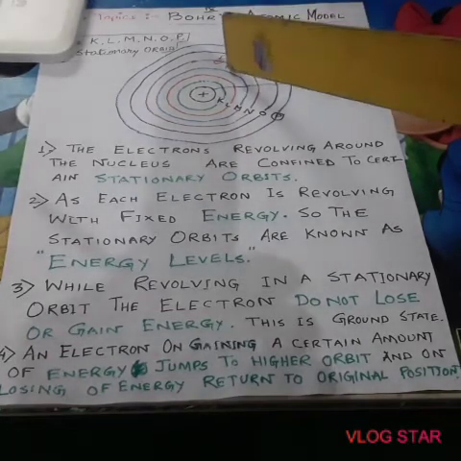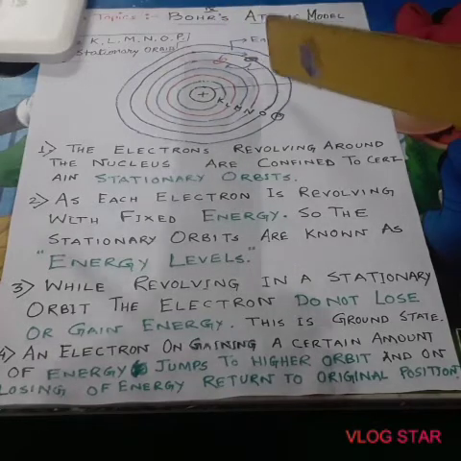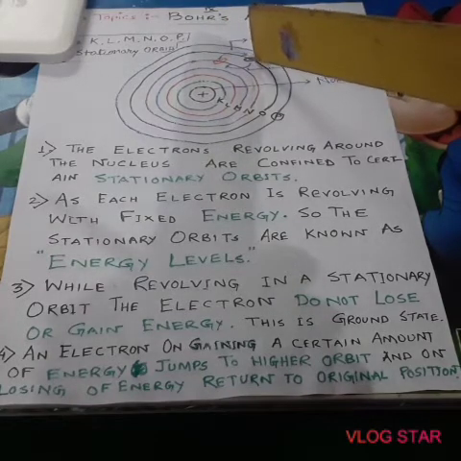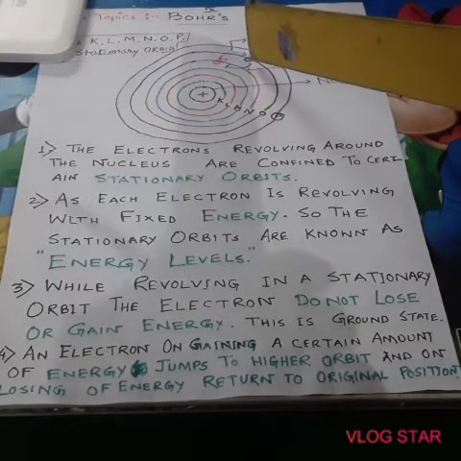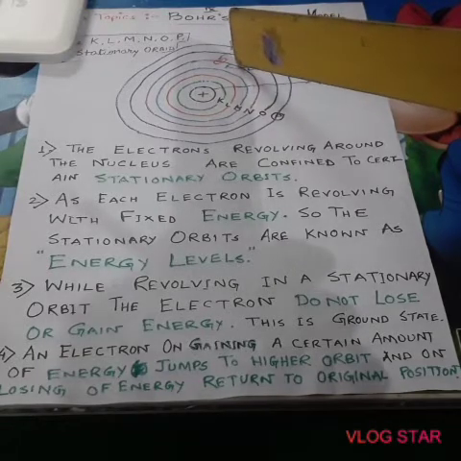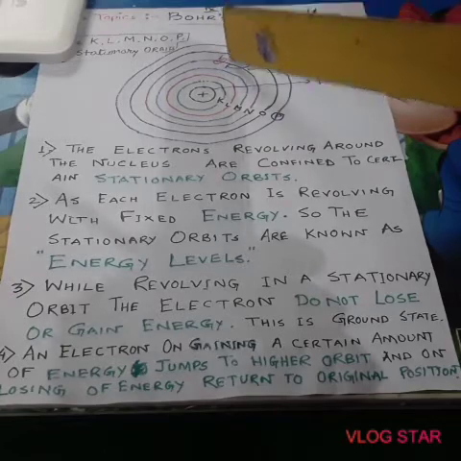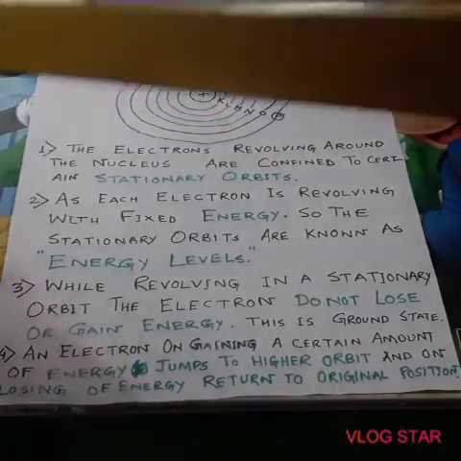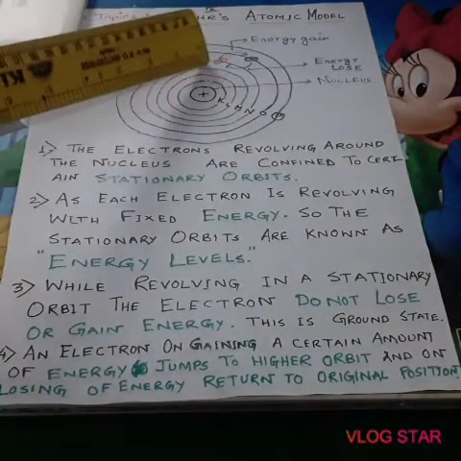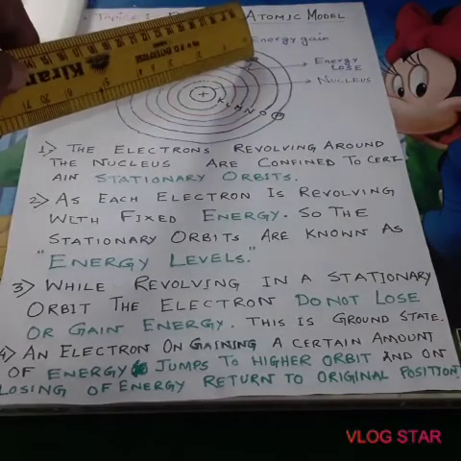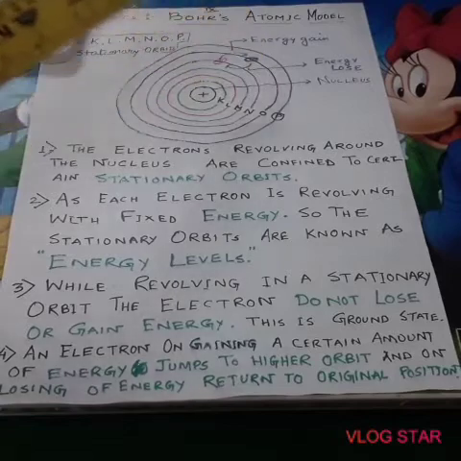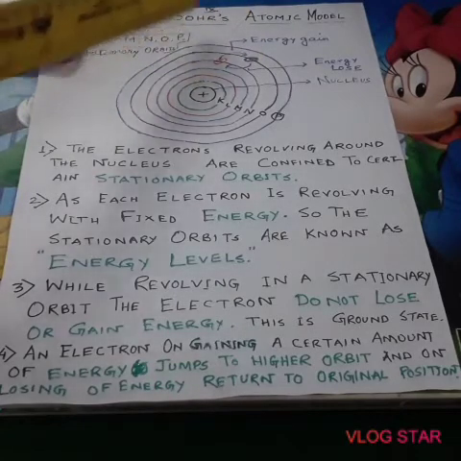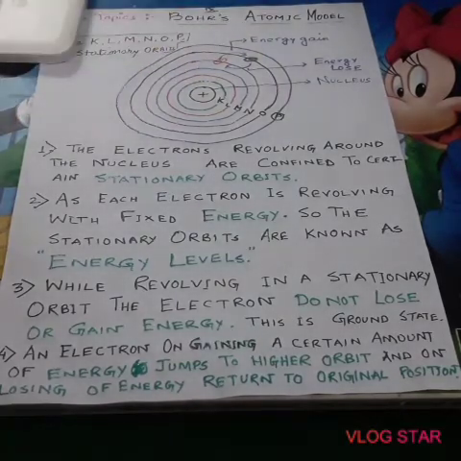That means when in the O orbit, when the electron loses energy, it moves to the N orbit, or when an electron in the N orbit gains energy, it jumps to the next higher orbit, that is O. This is what Bohr's atomic model said.